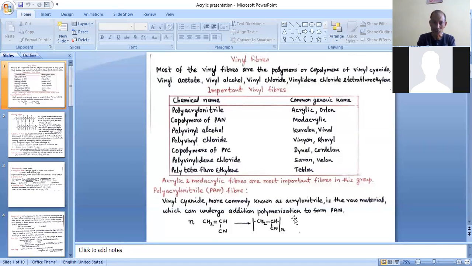And here the reaction is shown: CH2=CHCN, which is vinyl cyanide. So a number of molecules of vinyl cyanide, when undergoing addition polymerization, form a macromolecule of polyacrylonitrile. So in this way, we have the introduction of acrylic fibers.